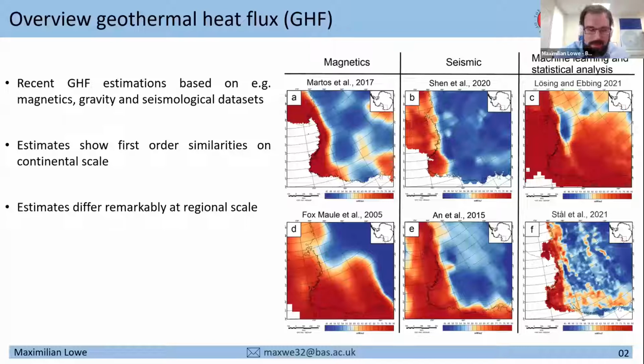So we wanted to do a different approach where we do not try to estimate geothermal heat flux for the whole continent, but rather pick a local area and try to improve geothermal heat flux estimates for a local study area, which in this case is the Transantarctic Mountains and subglacial basins.